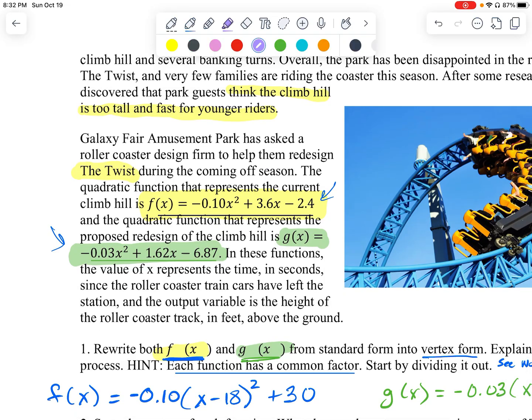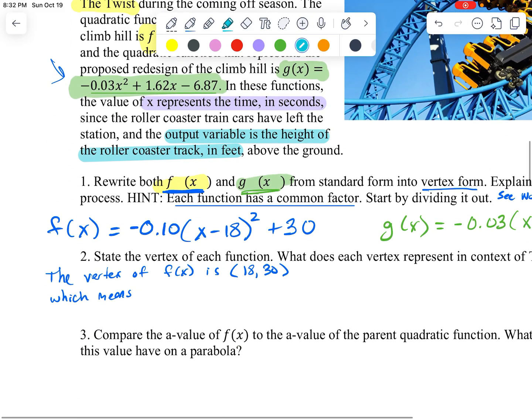So f of x, these functions represent the climb hill, where x represents the time in seconds, and y is the height of the roller coaster in feet off the ground. So x is 18 here, and y is 30.